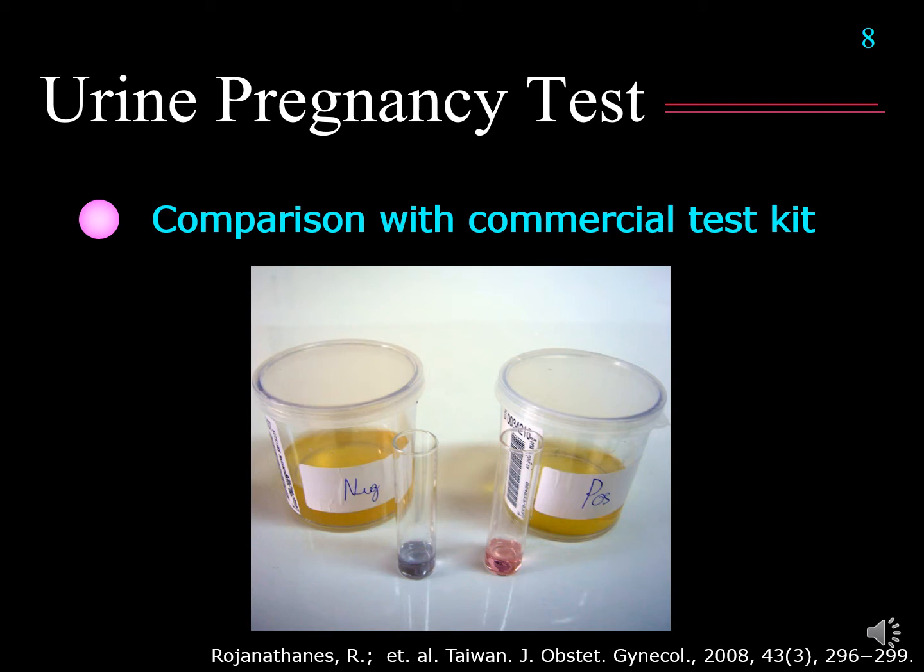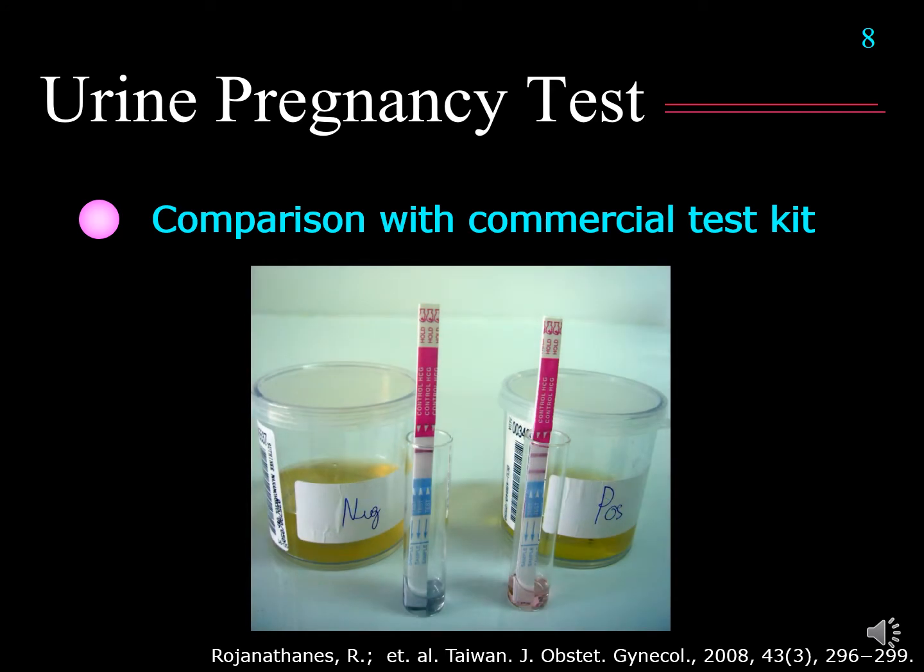This is because of the ions, sodium chloride and things like that in the urine, which induce the aggregation of the gold. But pregnant women have something that prevents the aggregation of the gold nanoparticles. So we can use the gold nanoparticle colloidal solution to simply detect pregnancy from the urine.